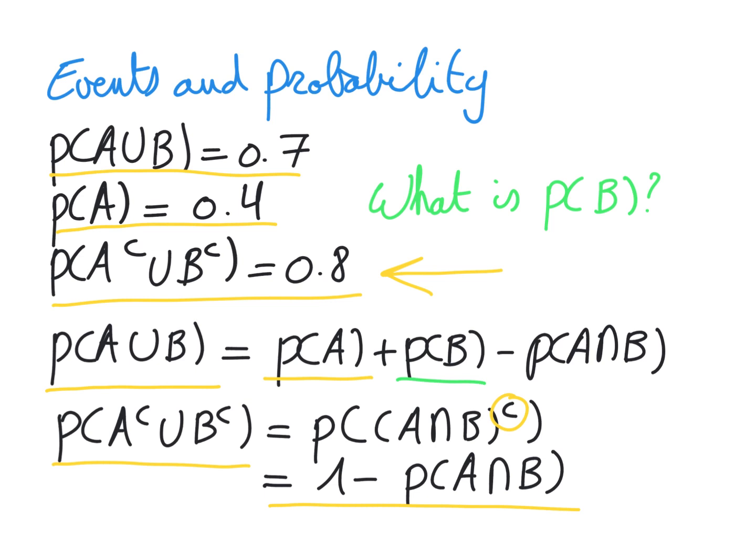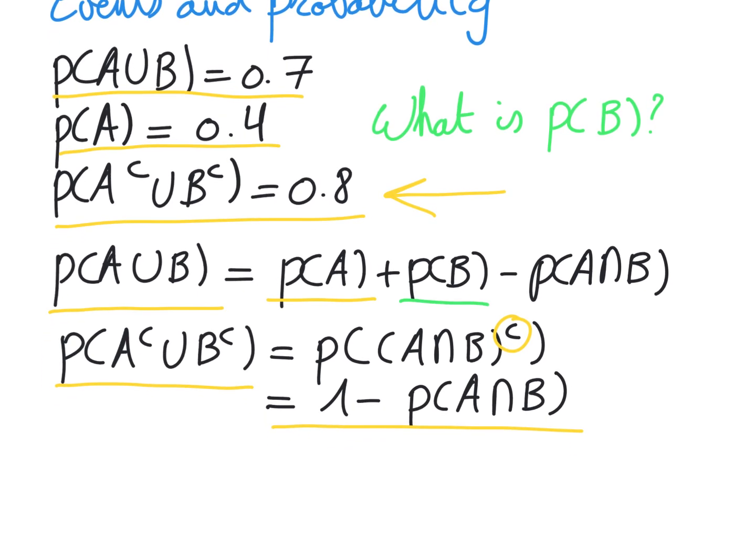And so this means that the probability of A intersection B is 0.2.